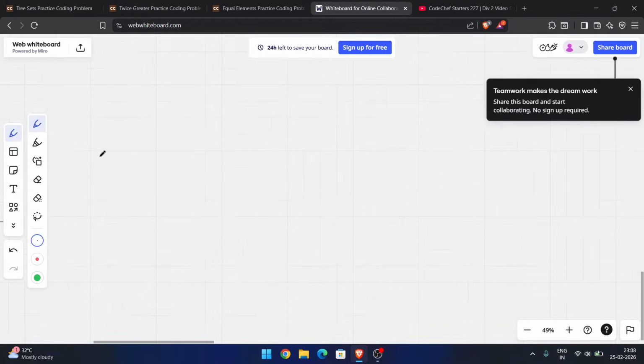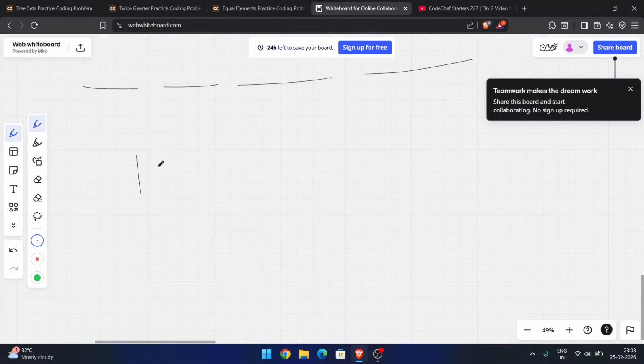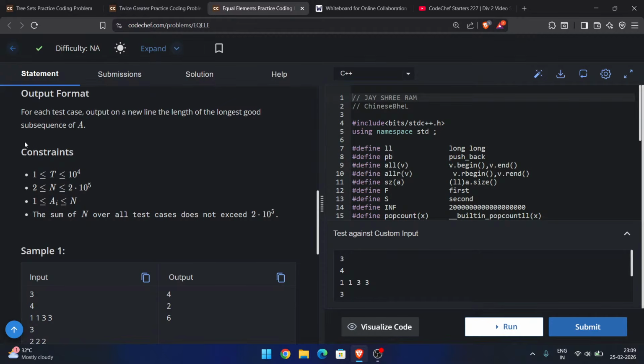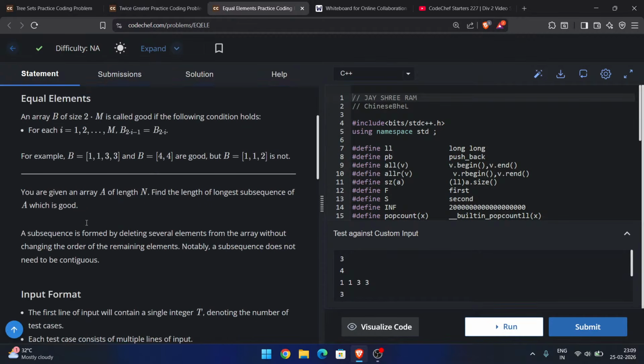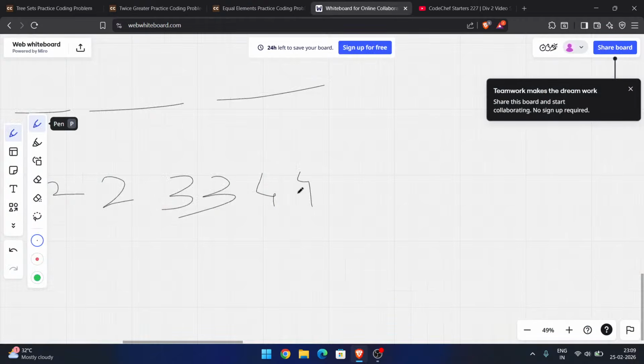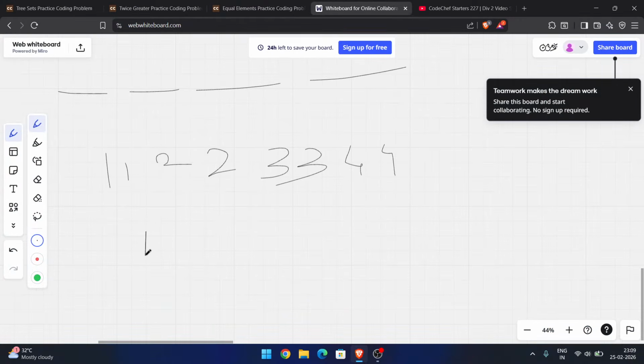We are given some numbers, and any array is good if it forms a sequence like this, meaning every two numbers are equal. What this condition means is that for any array to be good, it should be in this form. It can be anything, but the adjacent numbers should be the same. So for every index pair, these both should be the same.